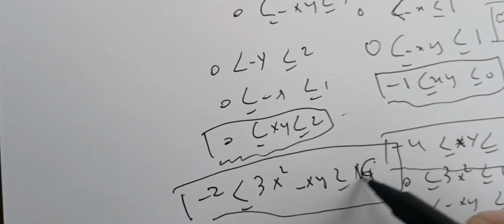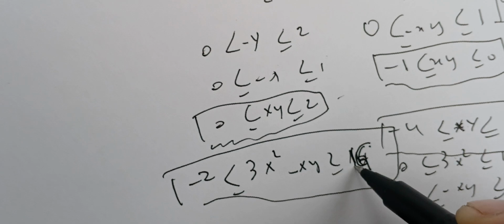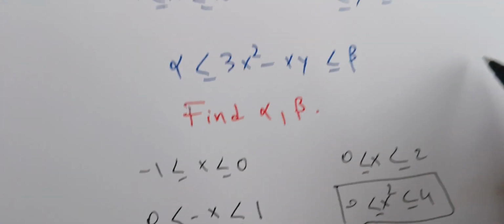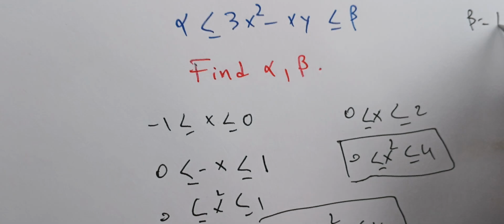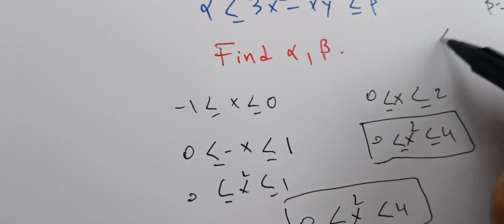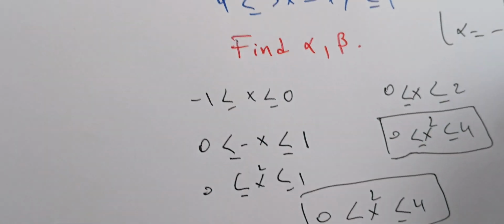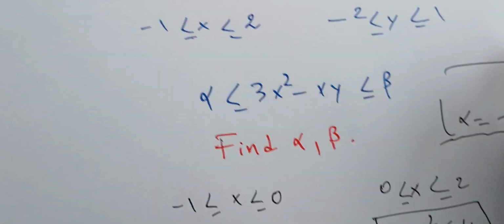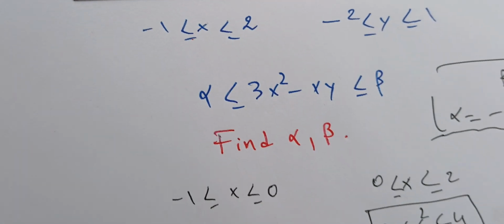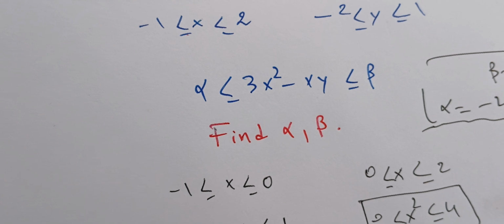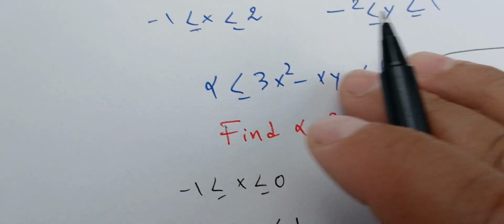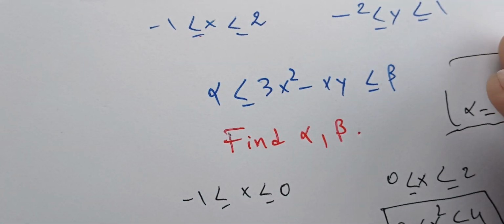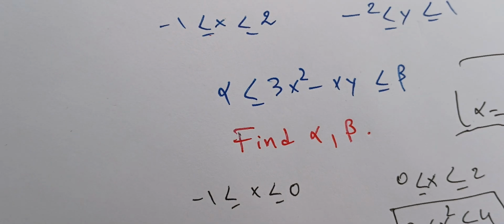So therefore beta is 16 and alpha is minus 2. So the aim here is to be careful when multiplying numbers. Okay, the best way is to treat the cases by making everything positive.